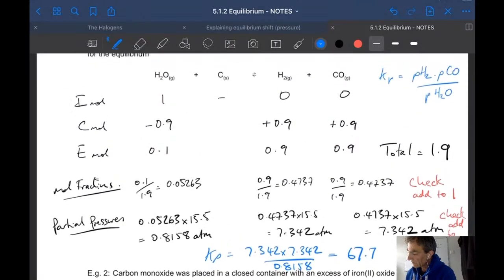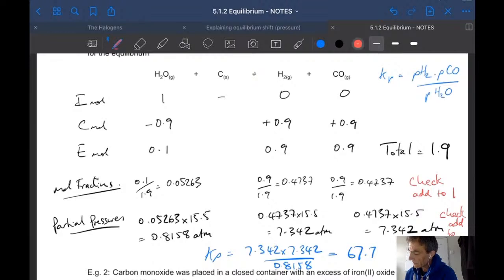The units, remember these are all atm, so you've got atm times atm divided by atm, so you're left with atm on the top. The units are atmospheres, and that's it. If anybody tried that between Wednesday and Friday, hopefully you're patting yourself on the back because you got it right. So well done if you did.